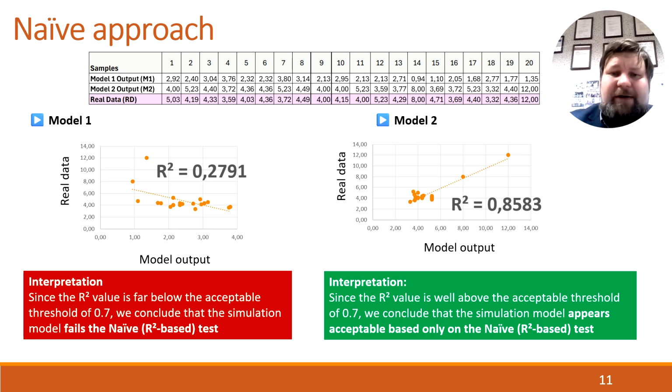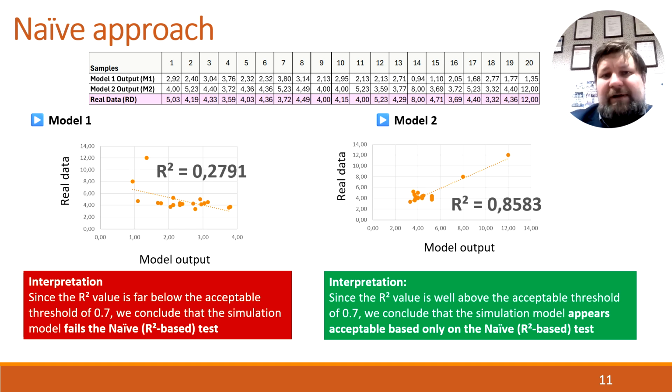Just to remind you, our goal is to understand if the model demonstrates realistic behavior. For model 1, R-squared is only 0.28, which is far below the threshold of 0.7 which we have identified.